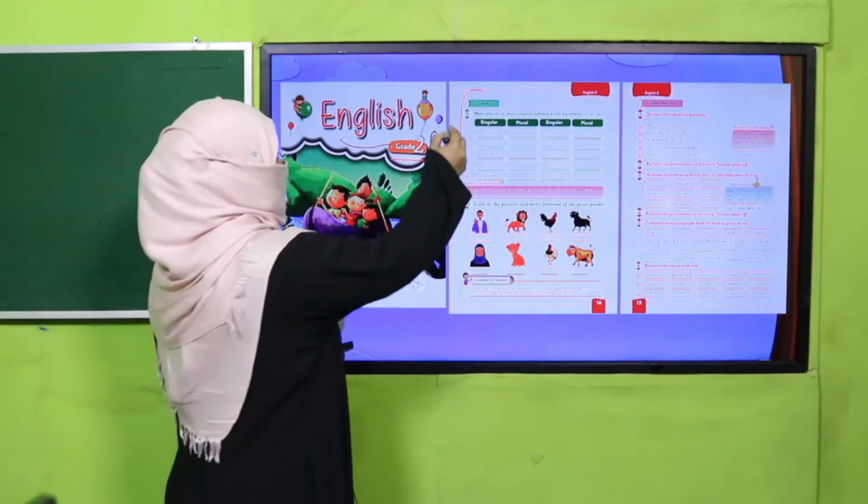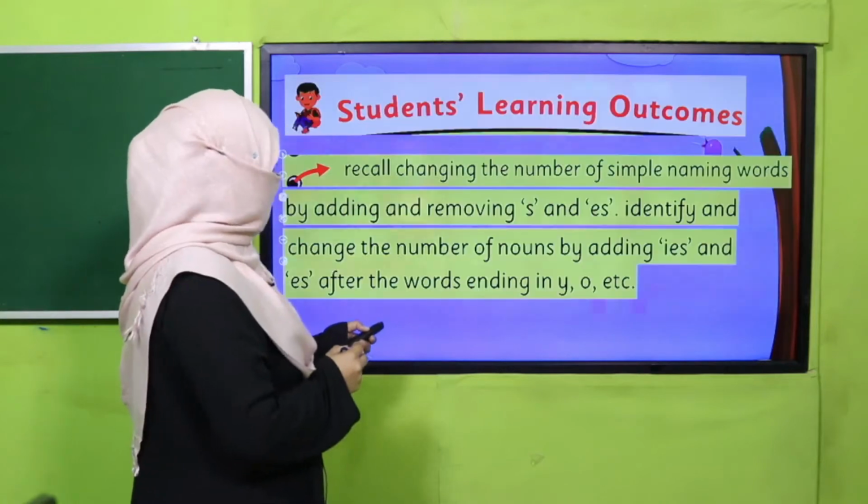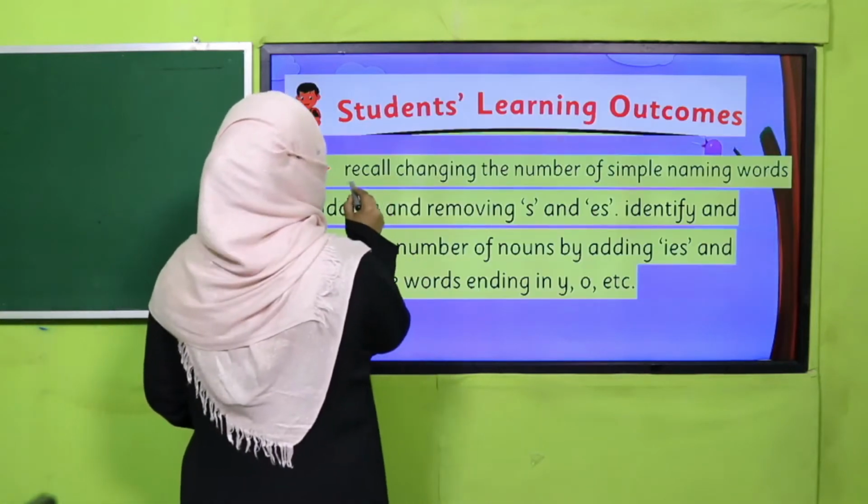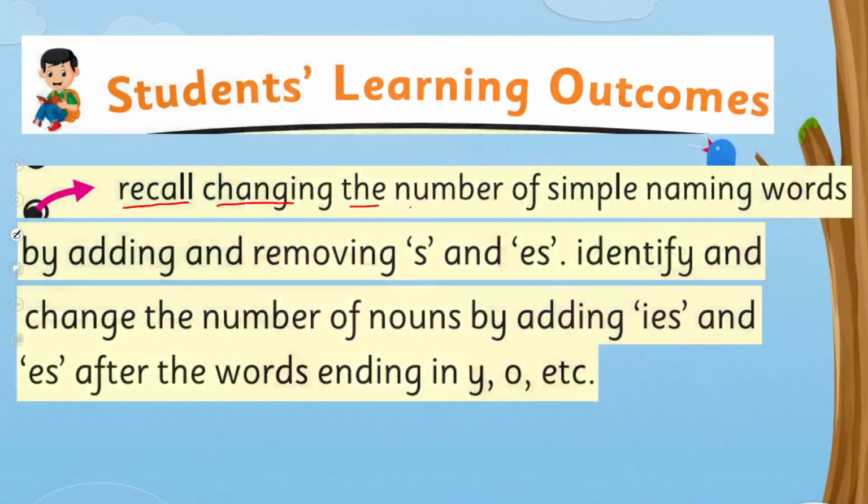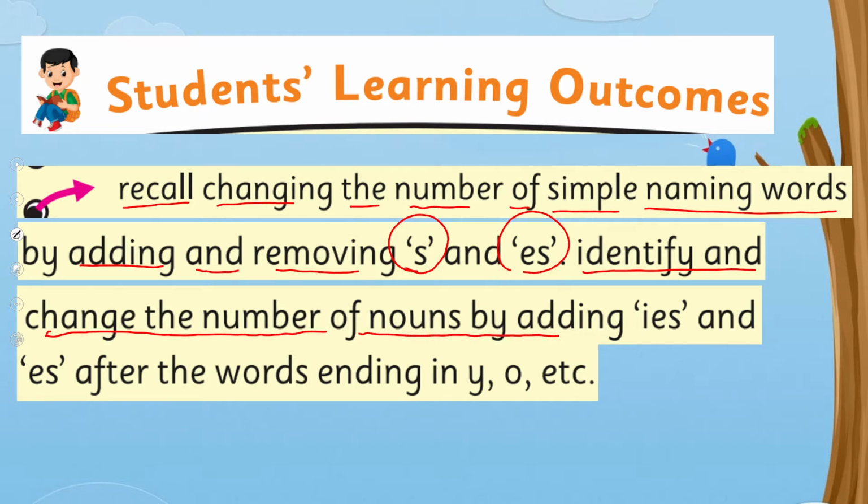If not, you may watch this video lecture again and we'll learn further to recall changing the number of simple naming words by adding and removing s or es, and identify and change the number of nouns by adding ies and es after the words ending in y and o. These are our today's SLOs.